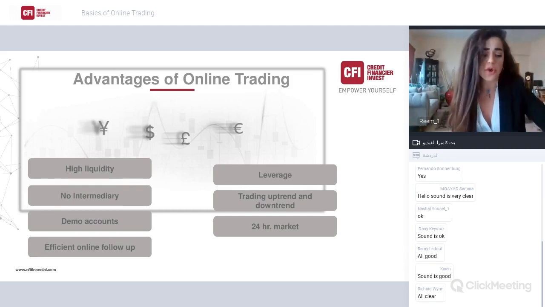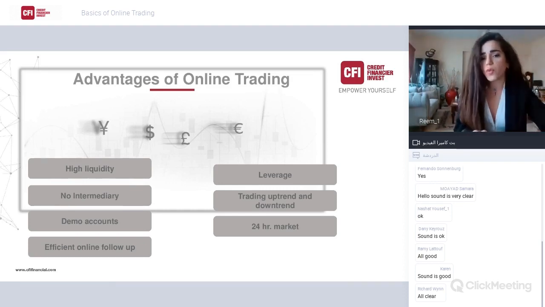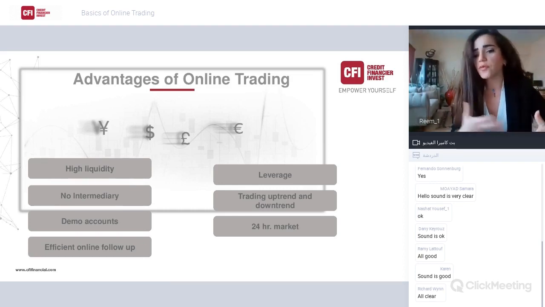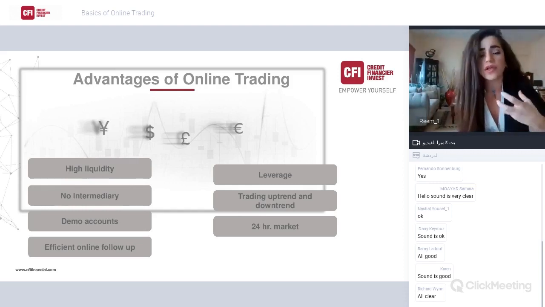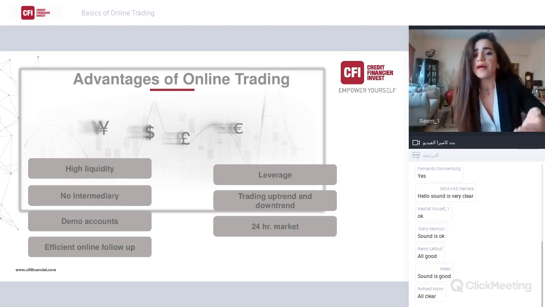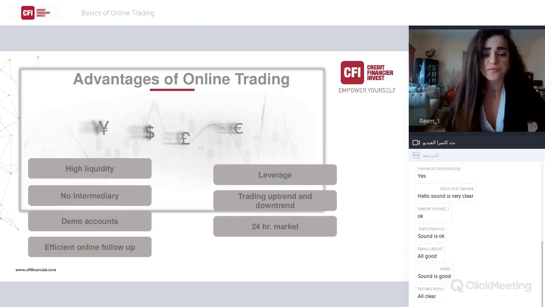Let's say Facebook stocks are going up now, and all of a sudden everyone is buying. If you really want to sell your stock, or if you really want to buy, you cannot make it as fast in execution as you want, because a lot of people are buying. You might not find sellers out there. So this is why the volatility and the liquidity in this market will be much less than the liquidity in the online Forex trading markets and commodities, of course.